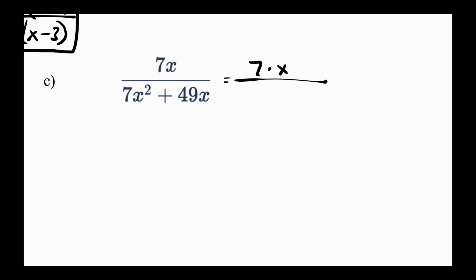So the person who's closest to you, I know some people don't have elbow partners, the person closest to you, tell them what you're going to do. How are you going to simplify the bottom? Okay, tell the person closest to you how you're going to do that.